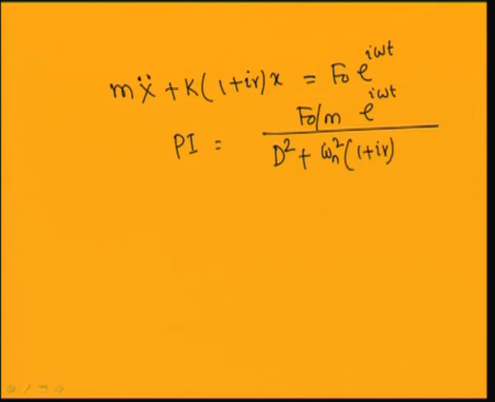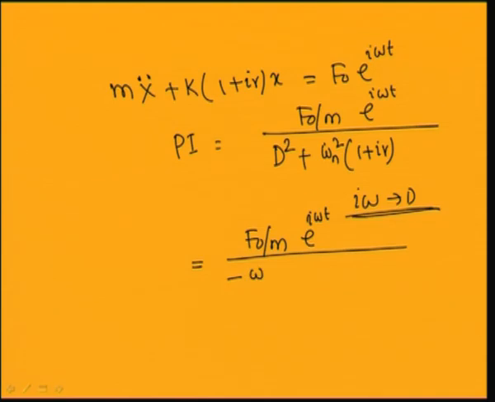So, omega n square into (1 plus i gamma) I can write, and now I will substitute i omega for D. If I substitute i omega for D, this will be f0 by m e to the power i omega t, divided by minus omega square plus omega n square into (1 plus i gamma).